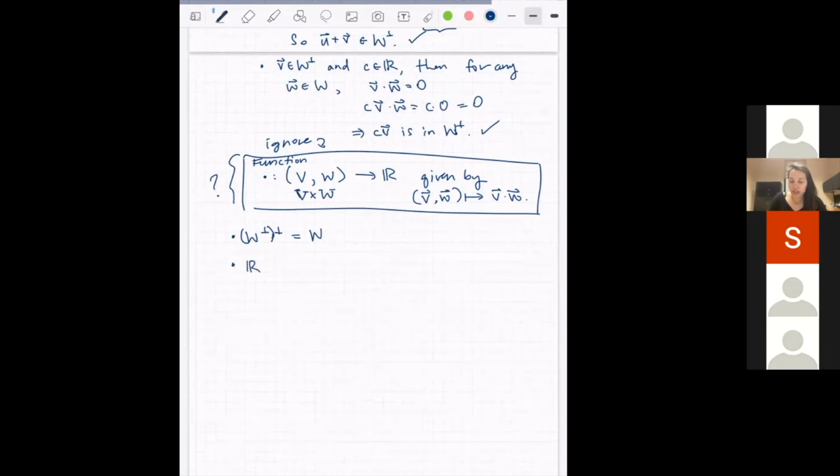Also, if you take the orthogonal complement of Rn, the entire space, that will be equal to the 0 vector, because that is the only thing that is orthogonal to everything. 0 is orthogonal to any vector, but that doesn't occur for any other vector in Rn. And then also the orthogonal complement of just the 0 vector will be the whole space.